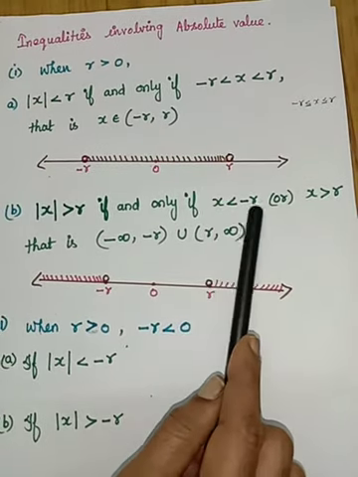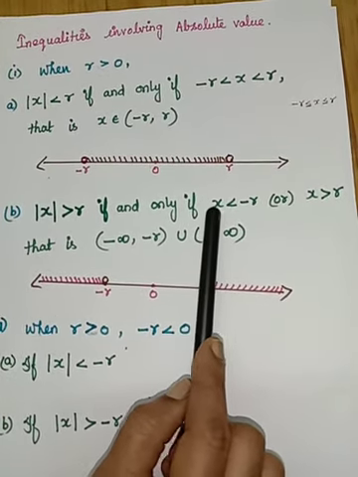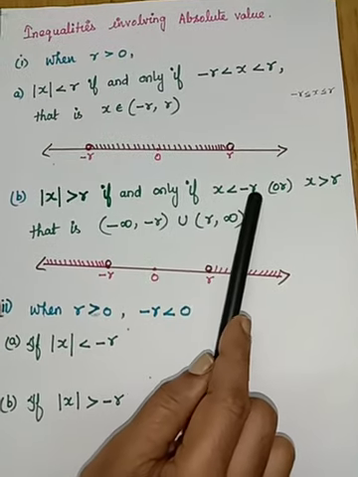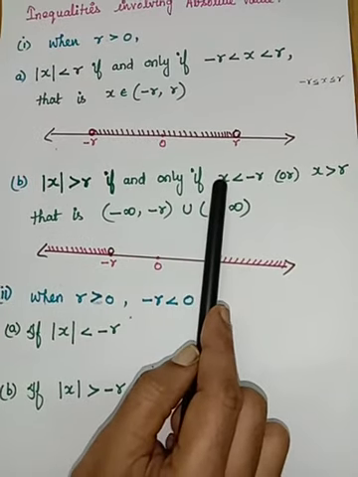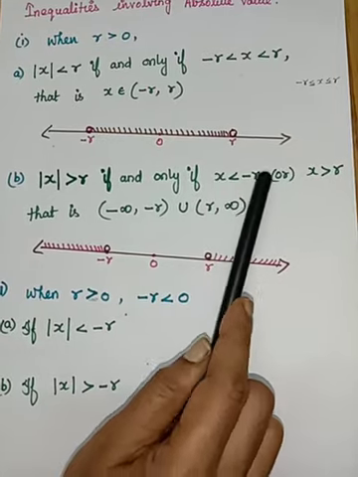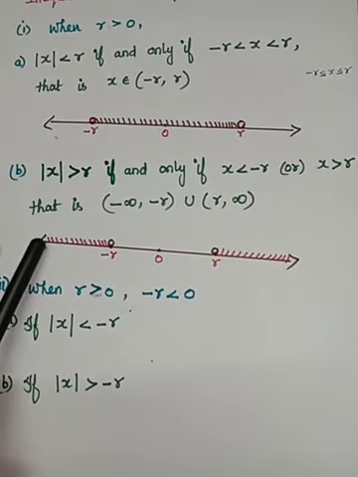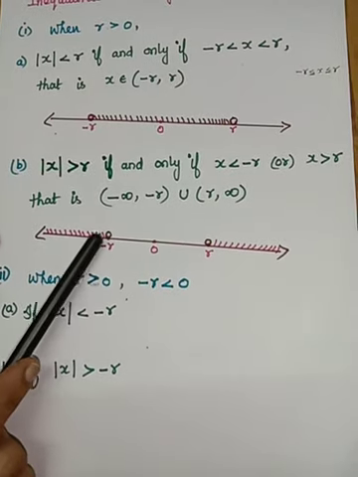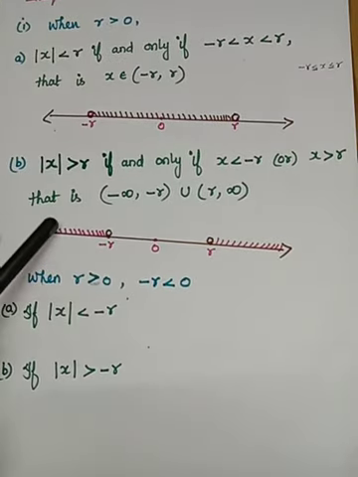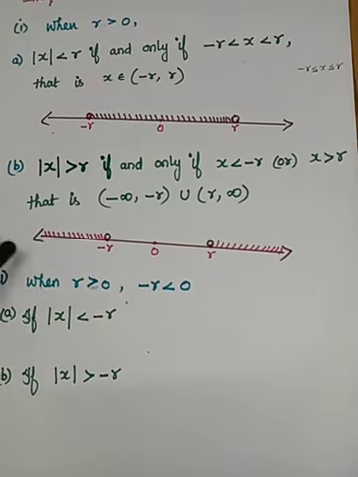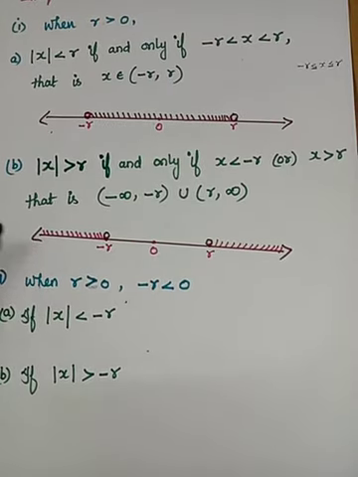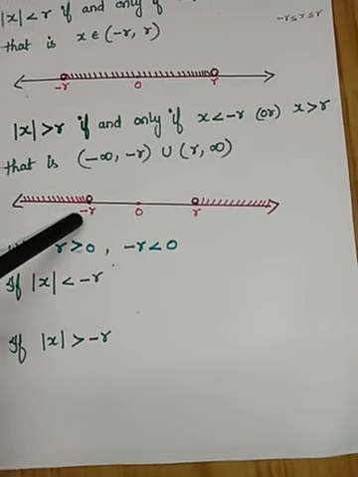See this inequality, x less than minus r. So the value of x is smaller than this minus r. So these are the values which are smaller than minus r. So I have shaded. So from where have I shaded? From minus infinity to minus r.